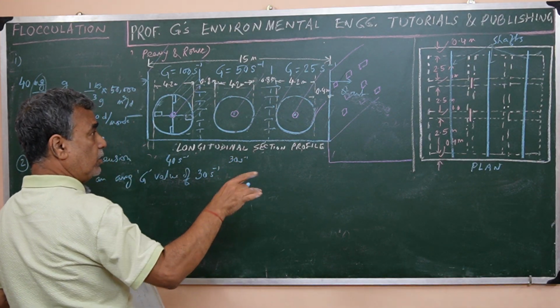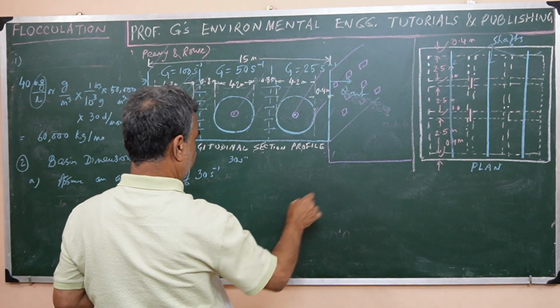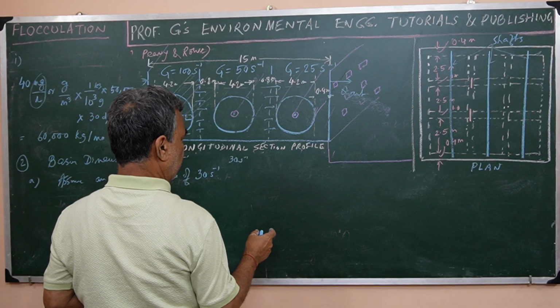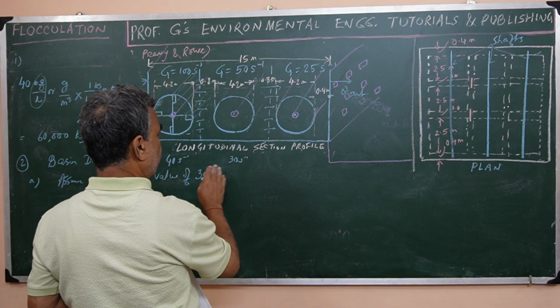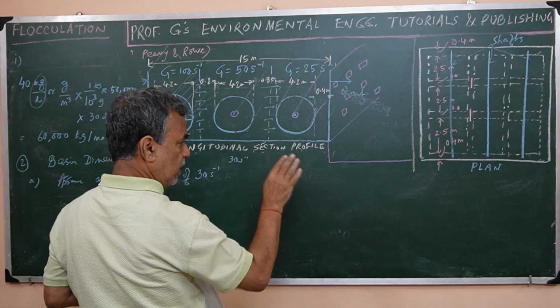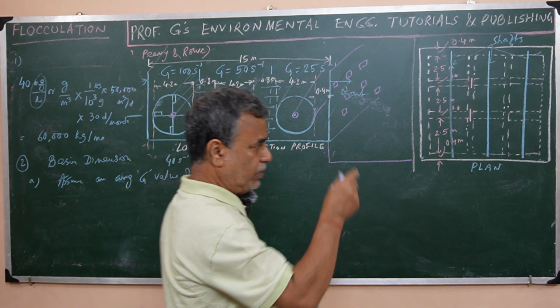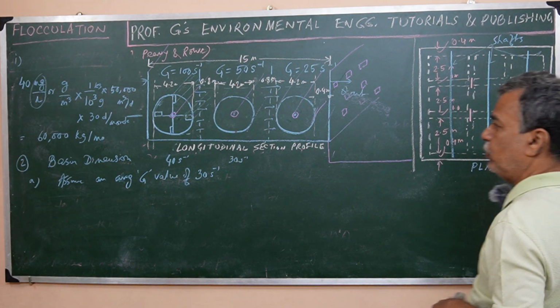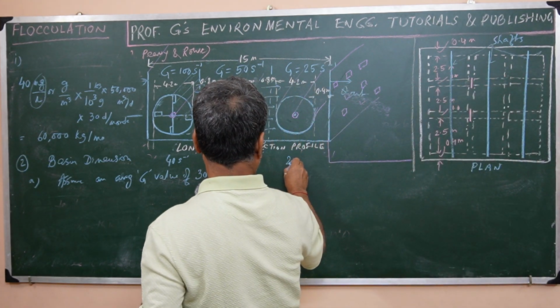Tapered flocculation we have discussed in my last lecture. I have discussed that tapered flocculation saves energy as well as enhances the efficiency. Tapered flocculation is always recommended also. So here also it has been followed like that.